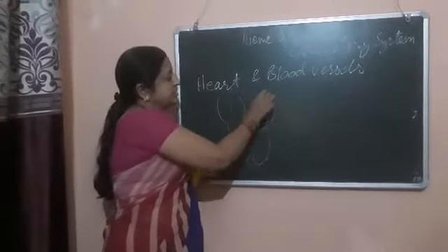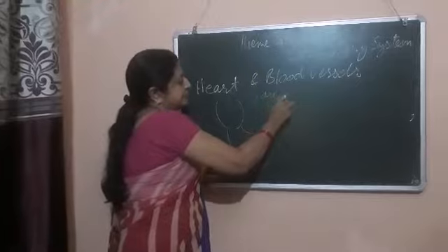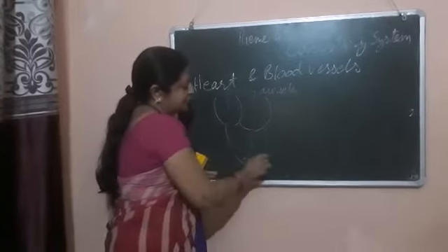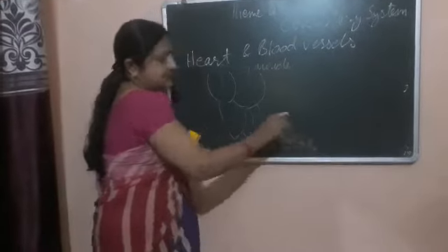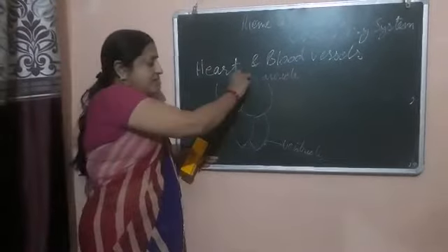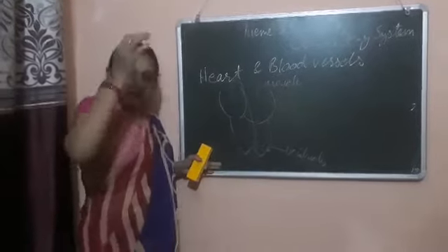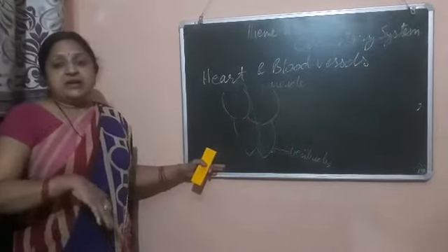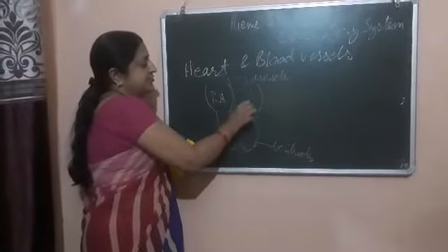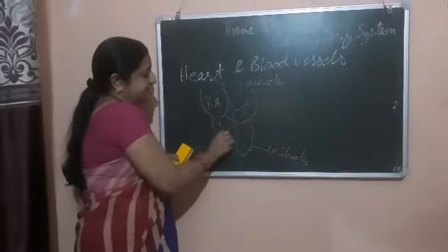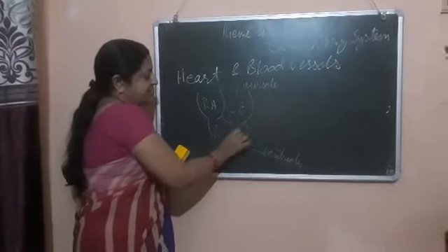These are the 2 auricles and these are the 2 ventricles. Our heart is divided into 2 parts, the right part and the left part. This is the right auricle, this is the left auricle, this is the right ventricle and this is the left ventricle.